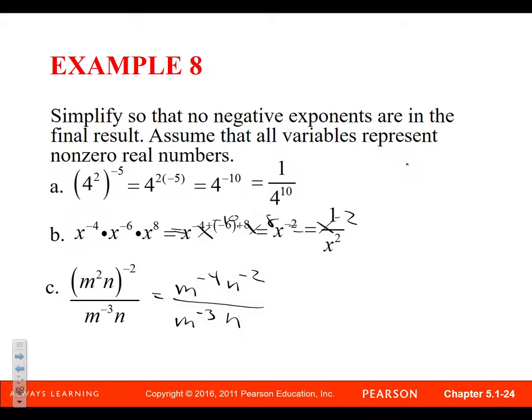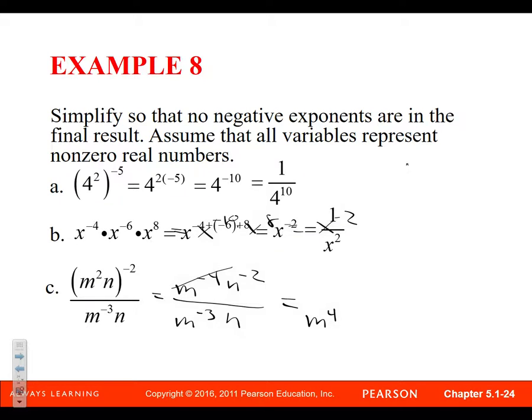Now I want to simplify this, and I want to make sure things end up being positive. So it looks like those two have to go to the bottom, and that's going to have to come up. If I move this down, that's m to the 4th. I do like to cross them out because sometimes you end up writing it more than once, and that makes you wrong at the end.